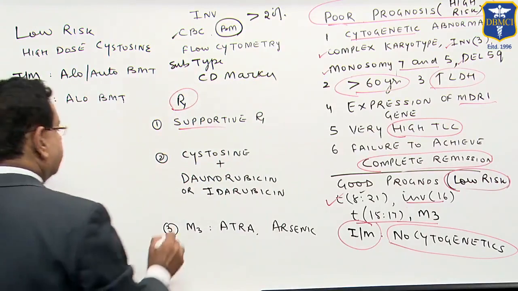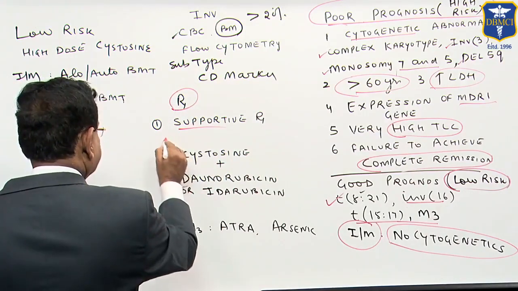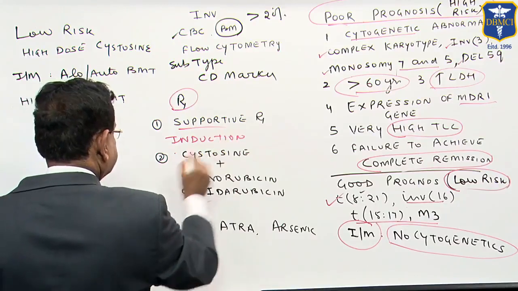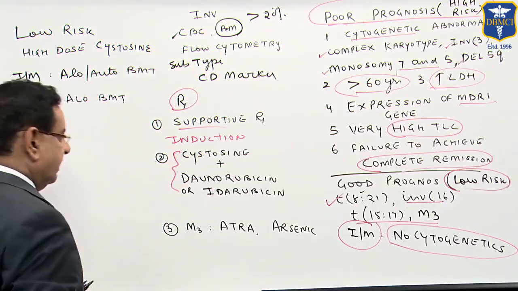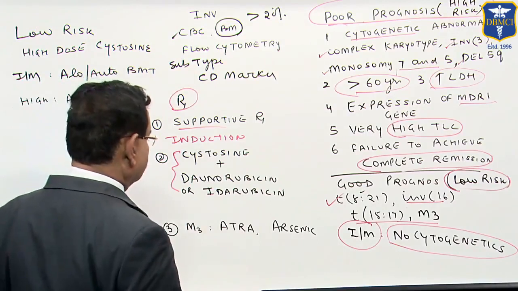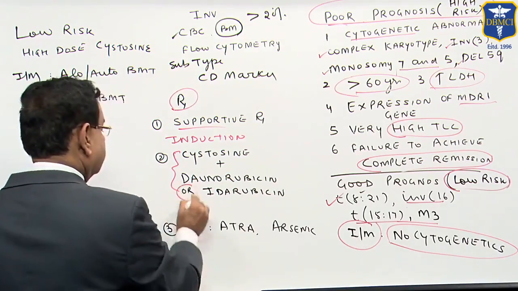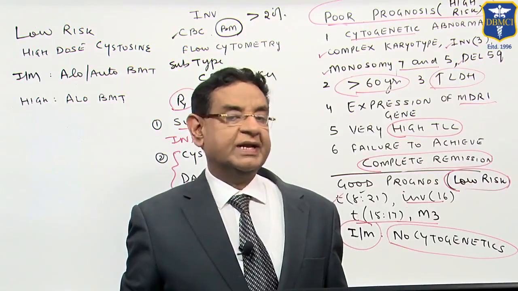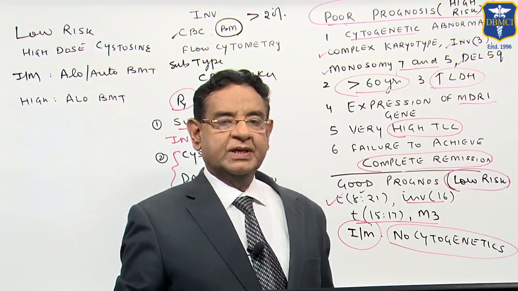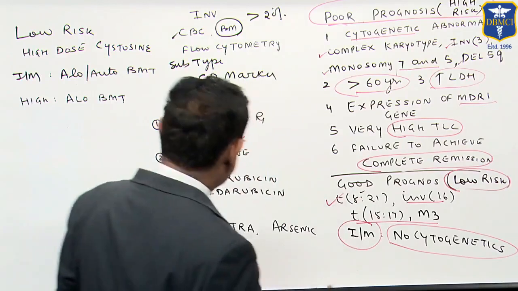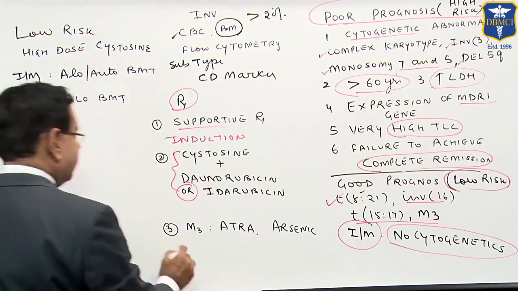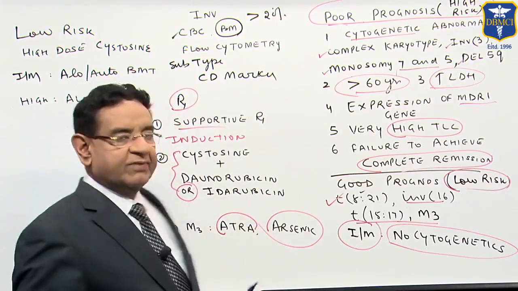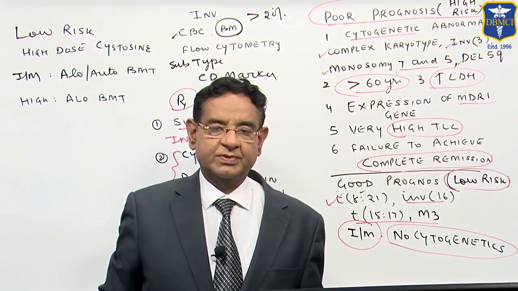Then the specific therapy for the induction phase is cytosine arabinoside plus daunorubicin or idarubicin. This is what we give in induction therapy. But in the M3 variety, for maintenance we can give ATRA, or in resistant cases we can even give arsenic also.